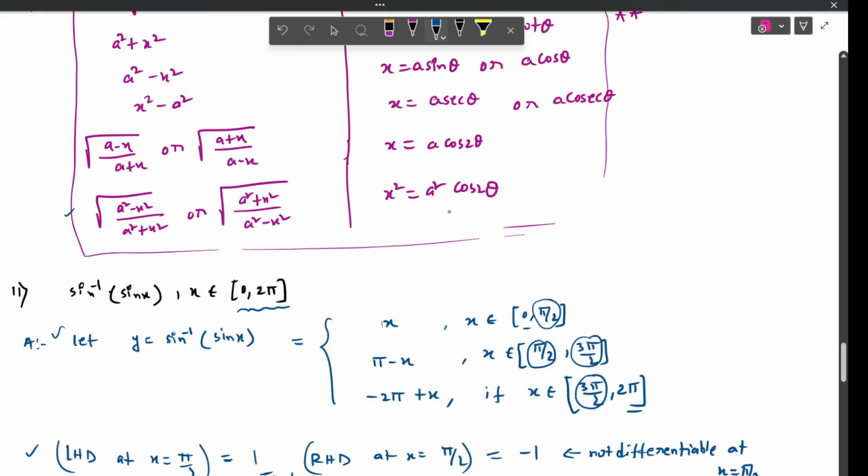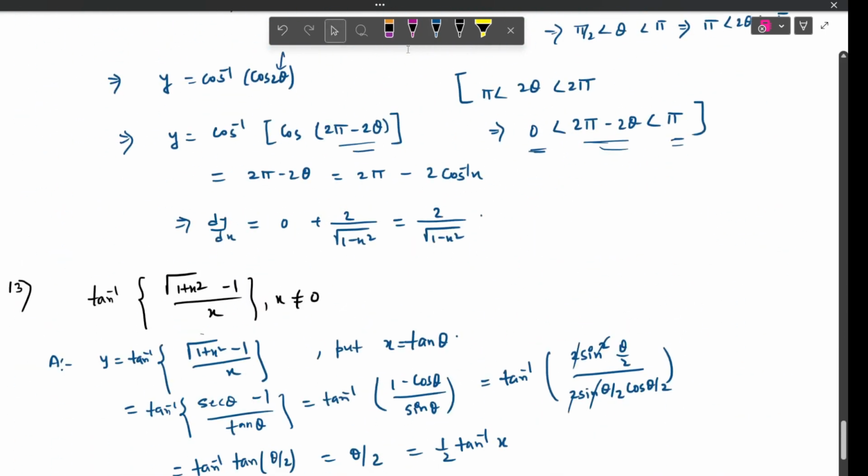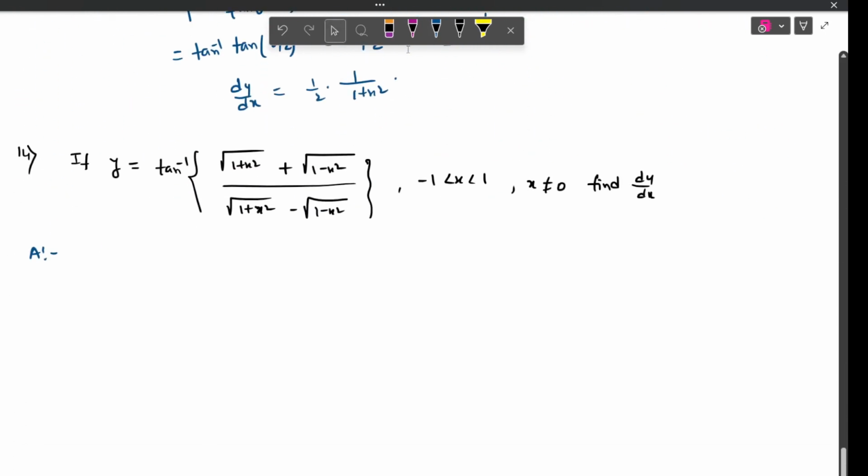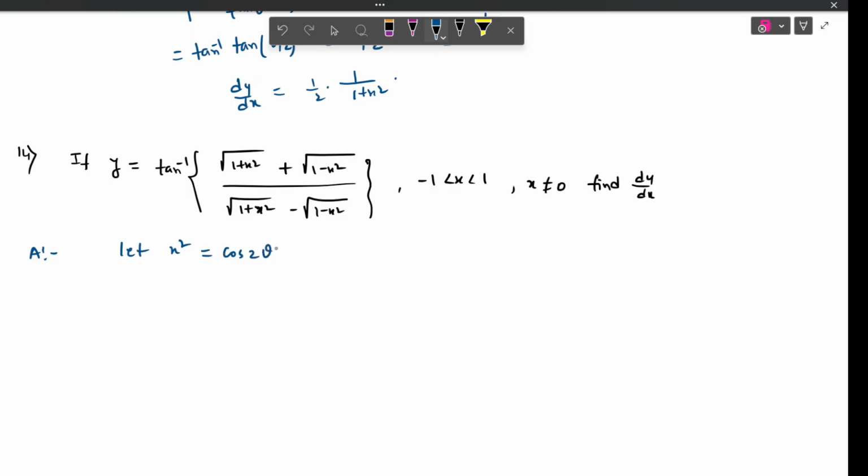So in place of x square, we will get a square cos 2 theta. So a is 1, so we will get cos 2 theta. Remember the format. So let x square be cos 2 theta.